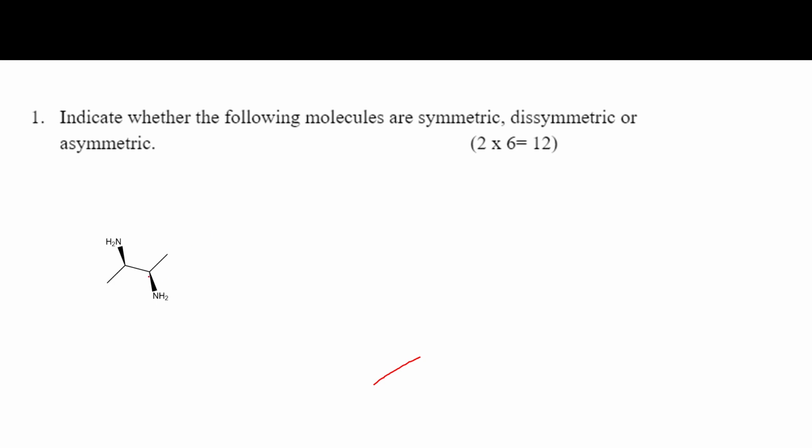Now the next example. We have to identify whether this molecule is symmetric, disymmetric or asymmetric. If you draw this molecule this way, as I told earlier, when you start from the left side and your above group is up, it will be like this.